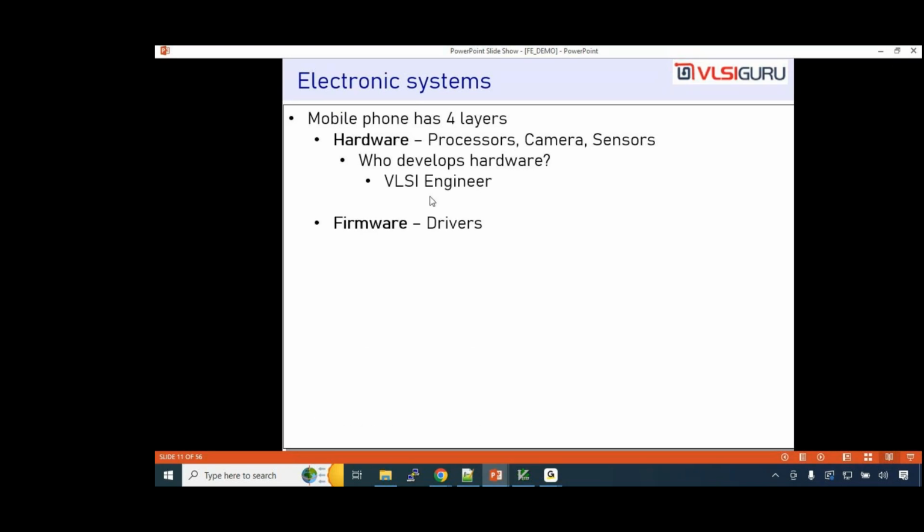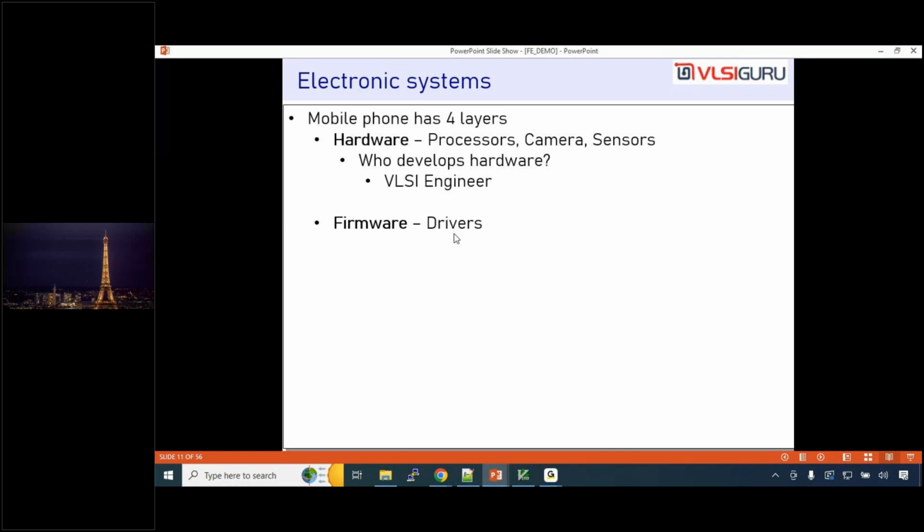Then what is the next layer? Firmware. Firmware is also called drivers, like they call USB drivers, SD card drivers, different drivers. So what exactly is a driver? To understand the relation between driver and hardware, let's take a simple analogy.